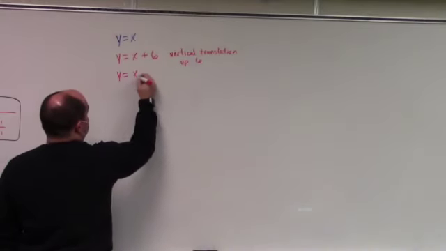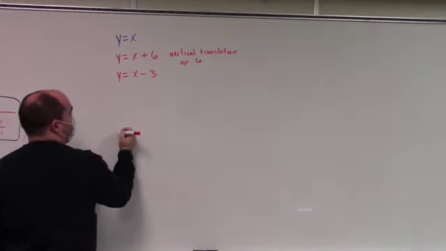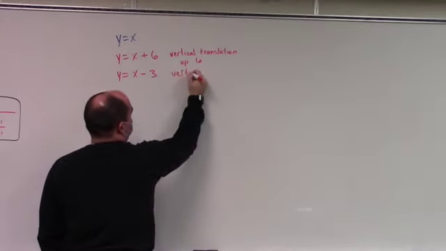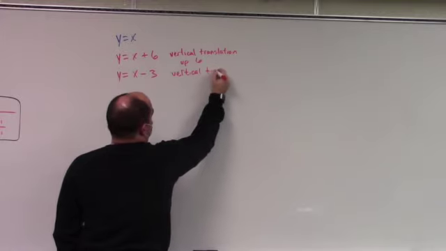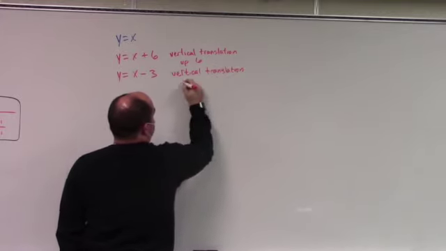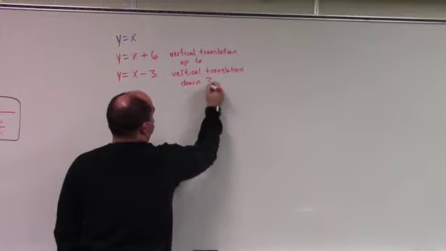If we had some sort of subtraction, then we would say that is a vertical translation down 3.